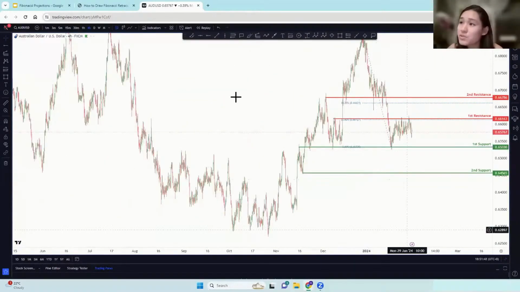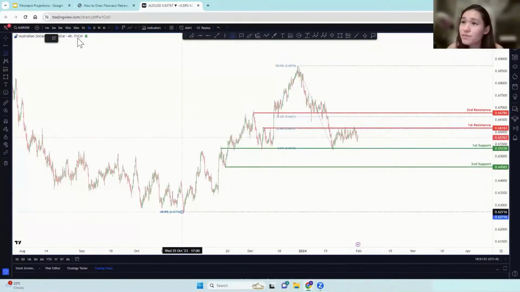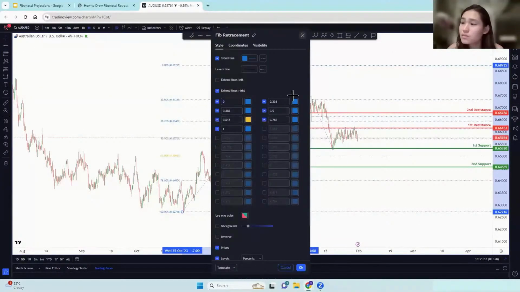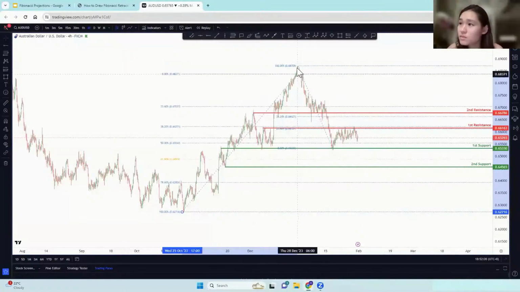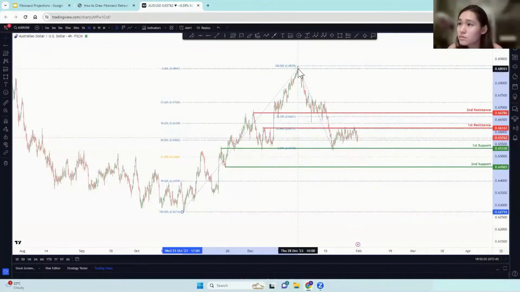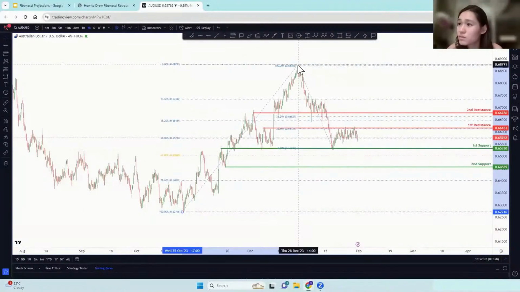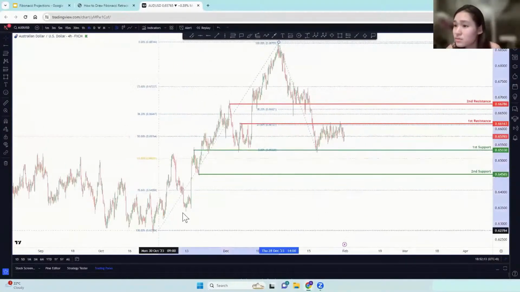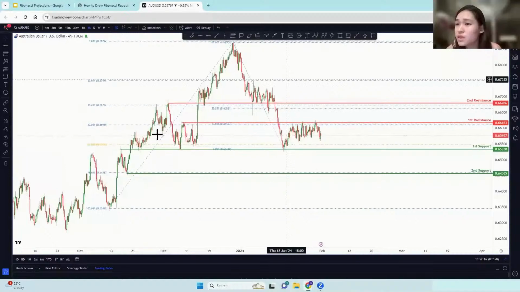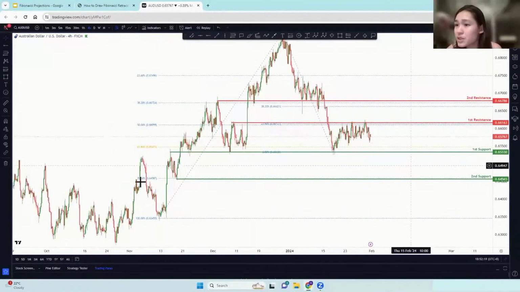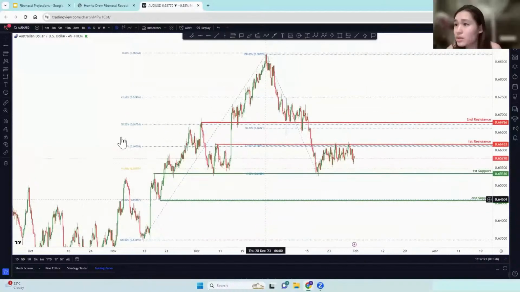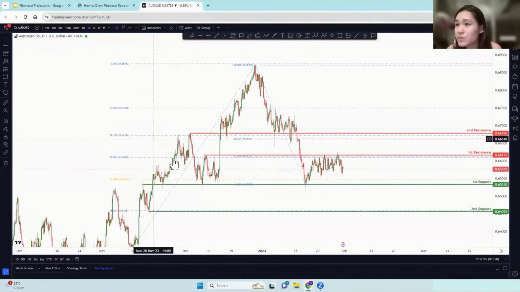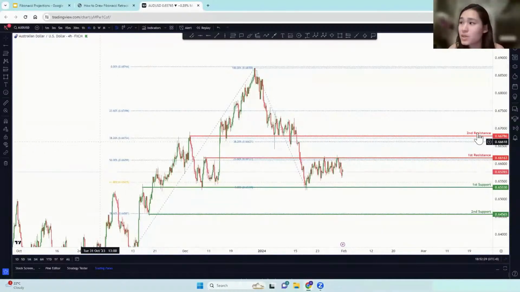Oh, okay. So if we zoom out, we also have this retracement here. Okay, so my 61.8 lines up with my first support, 78.6 lines up with my second support, and yeah, so even though this 38.2 lines up with the second resistance, we can't use it because price has already broken out of that level.